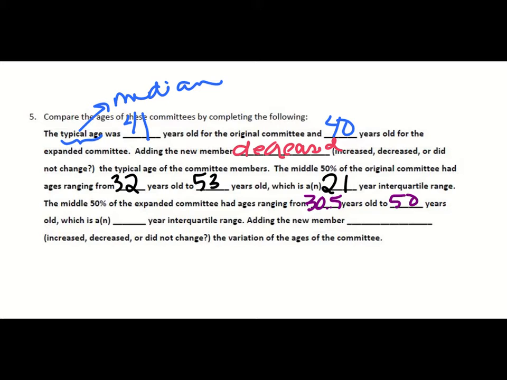So for the middle 50%, they're looking for your IQR. And then that was a 19.5 year interquartile range. And so adding your new member again decreased your variation. So it didn't change it by very much.